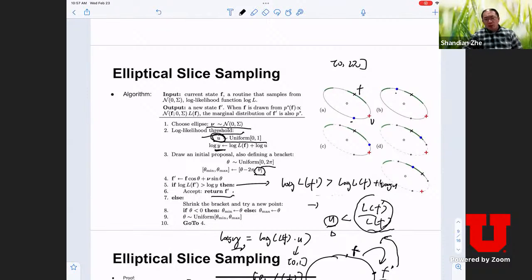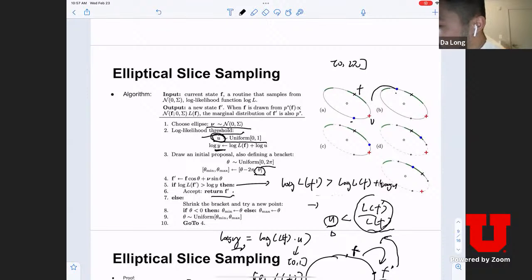The green part is the valid region, which passes the acceptance test, right? From the first two choices, you can see they are not in the valid region, so you just discard this part. You cannot discard this direction because you cannot discard the region that contains the current sample. So you just discard this part.